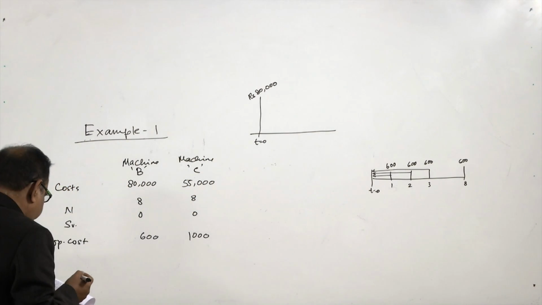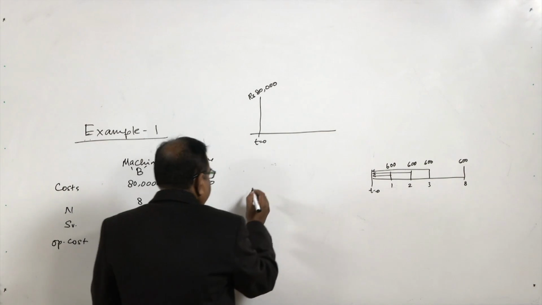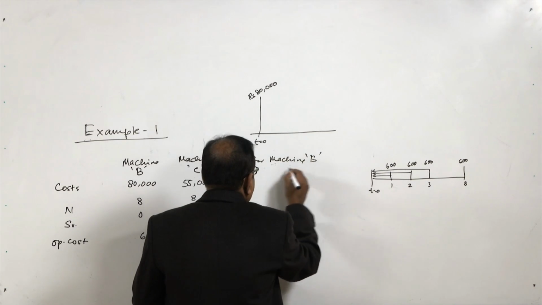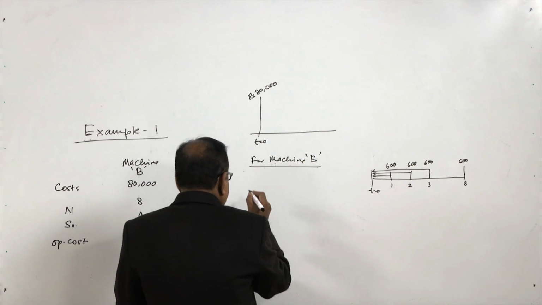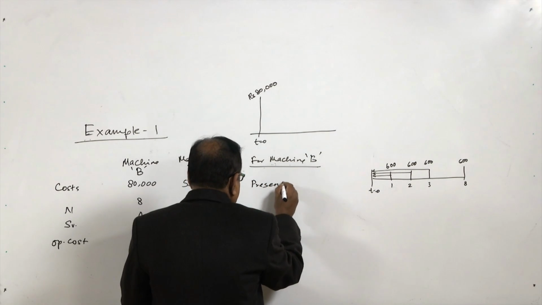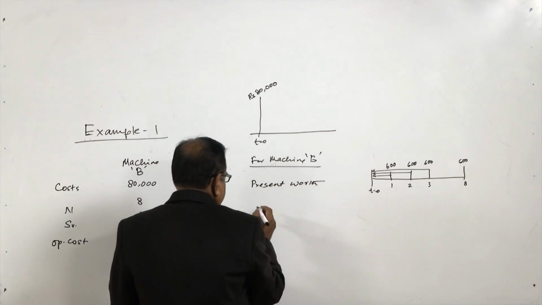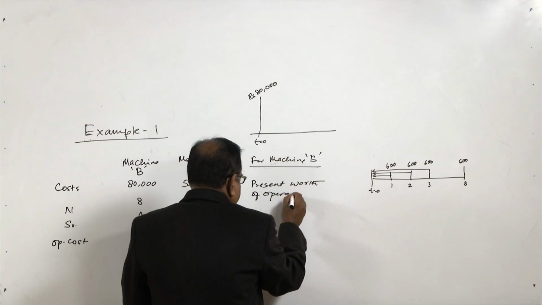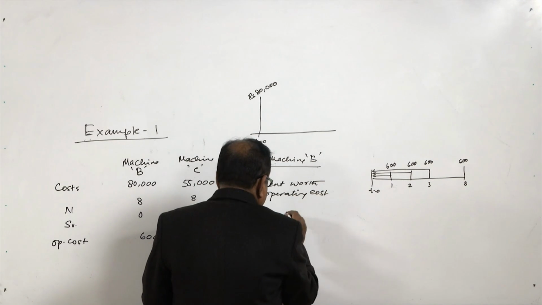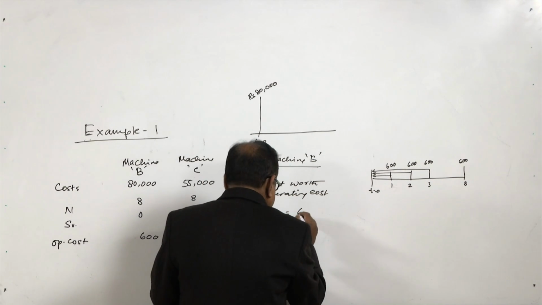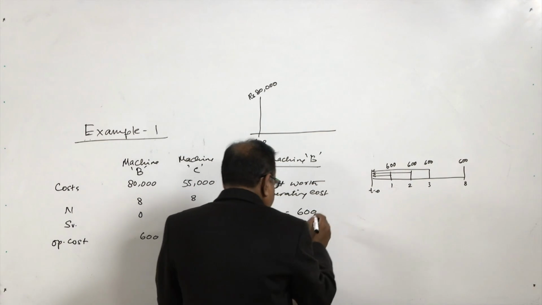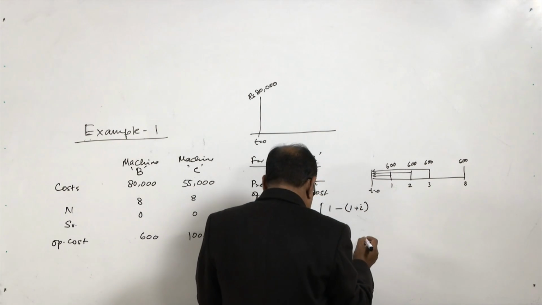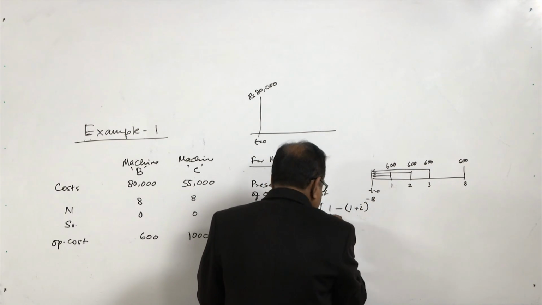So, by using the annuity formula, the present worth of the operating cost for machine B is equal to 600 into 1 minus (1 plus i) to the power minus 8 divided by i.